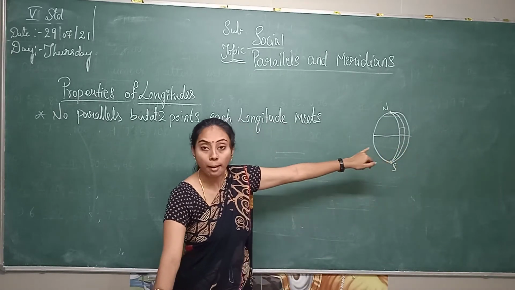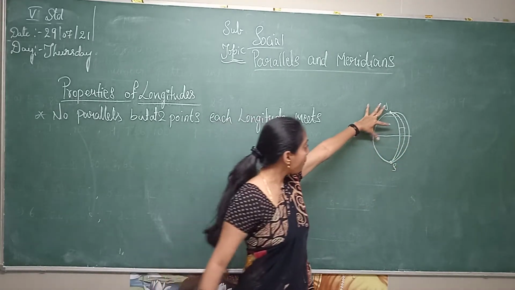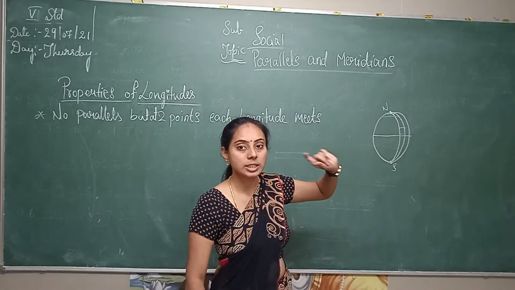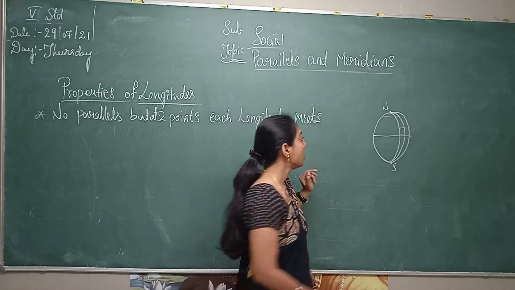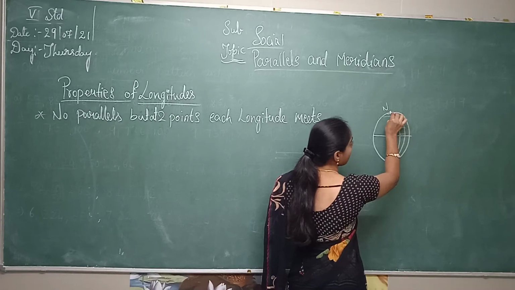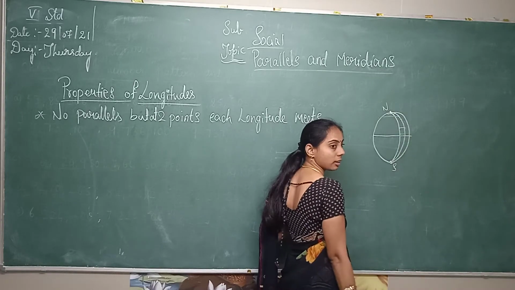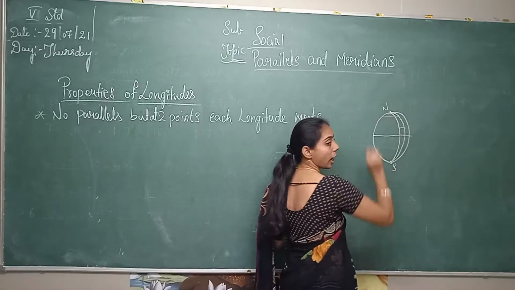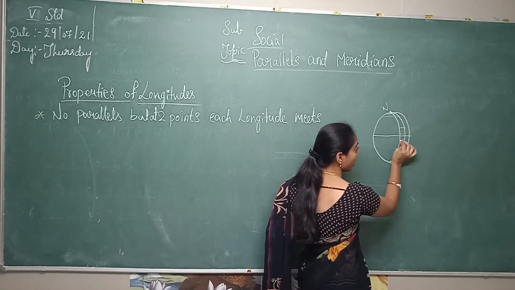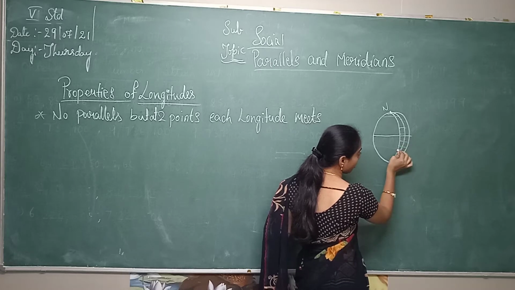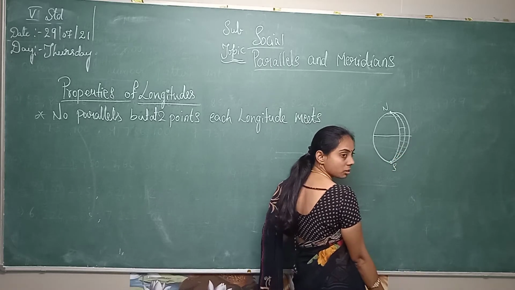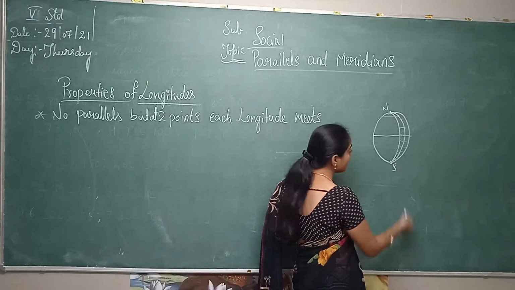Next, the gap between them decreases gradually. Decreasing gradually means the distance is decreasing. See here, each and every longitude decreases in distance as it moves towards the North Pole. Here also, where the distance is very high, here it becomes very little. Understand?